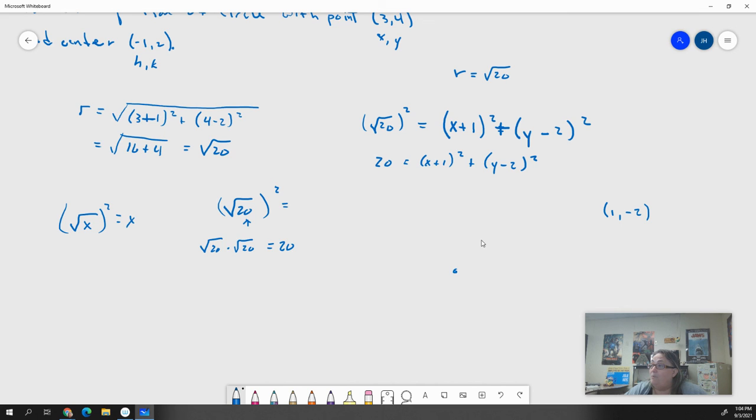So if 1, -2 is my point, I know a point here, a point here, and a point here, right? Because that's what a circle is. Once we know the radius, I can make anything that long away from it, and they'd all connect because every point on a circle is exactly that far away from the center.